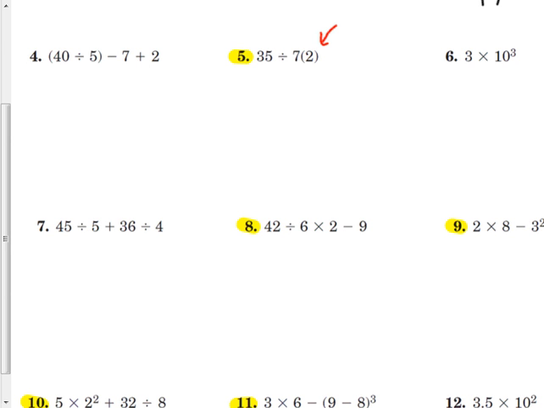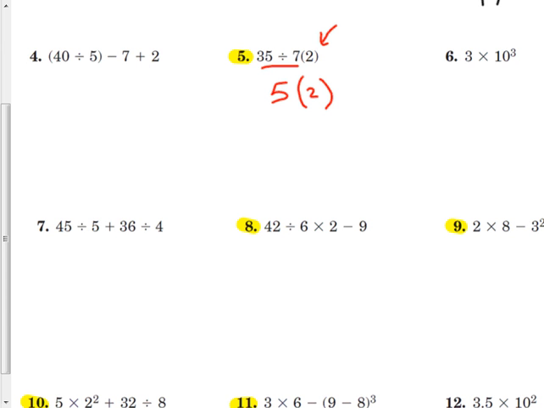35 divided by 7 comes before the 7 times 2. Even though there's a parentheses there, the parentheses just means do what's inside the parentheses first. The only thing inside the parentheses is a 2. So just treat it like a multiplication problem. So I'll do the 35 divided by 7 first, which is 5. Now I take that answer times 2.